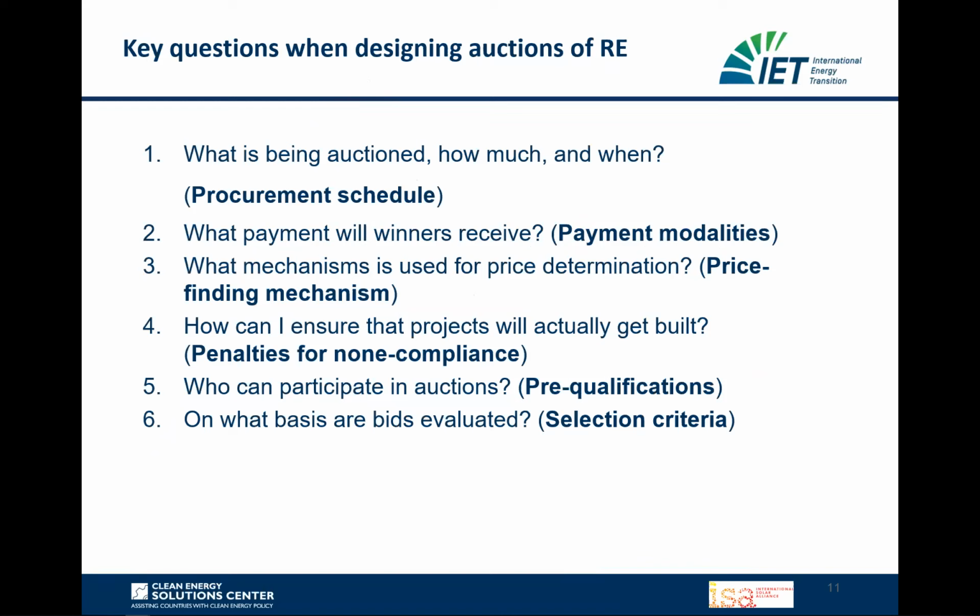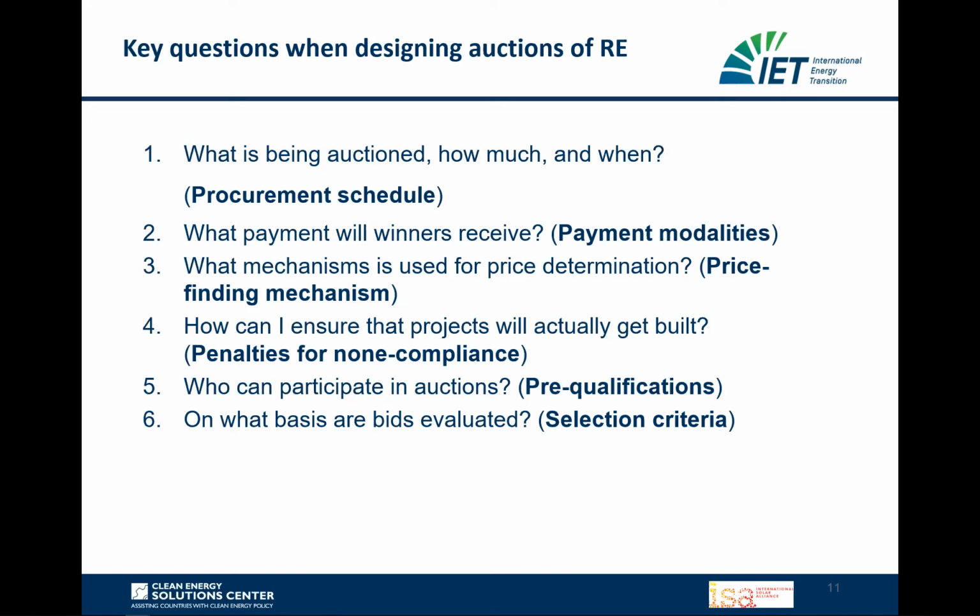What we also discussed in session 10 were the 6 basic design features of auctions: the procurement schedule, how much do you procure in how many auctions per year, how many auctions in 10 years, etc. What payment will winners receive, the payment modalities, also the price finding mechanism: what kind of price determination do you have?